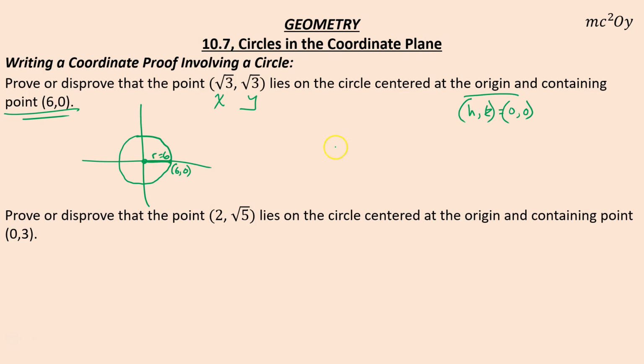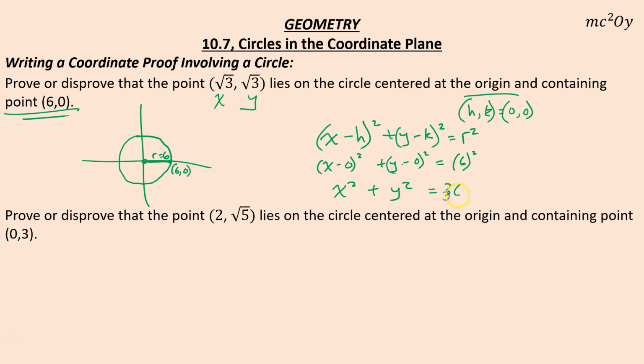So that means my equation would be (x - h) squared plus (y - k) squared equals r squared. And (h, k) is (0, 0), so that's (x - 0) squared plus (y - 0) squared equals r squared, or in this case, 6 squared. And anyway, it's centered at the origin. Just remember x minus 0. That just gives me x squared if it's centered at the origin, and y squared equals 36.